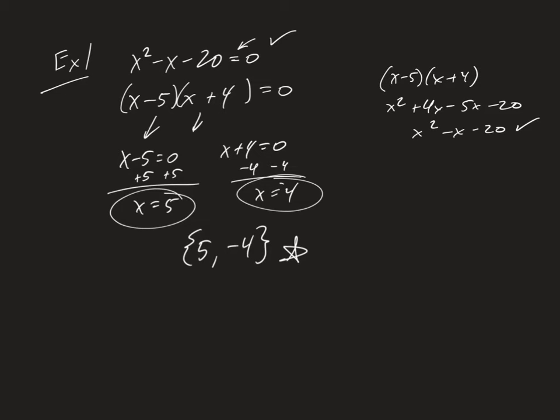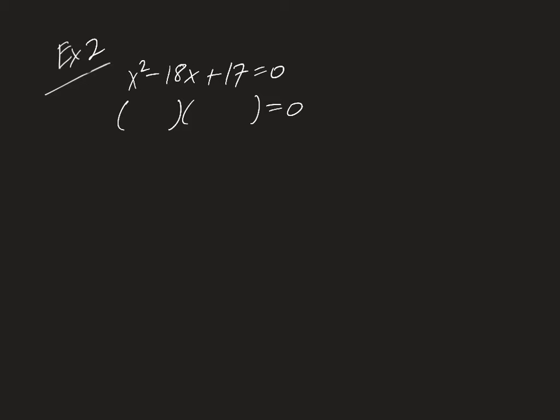Let's take another look at another example. This is going to be example 2: x squared minus 18x plus 17 equals 0. It's already set equal to 0, which means that you can now factor.